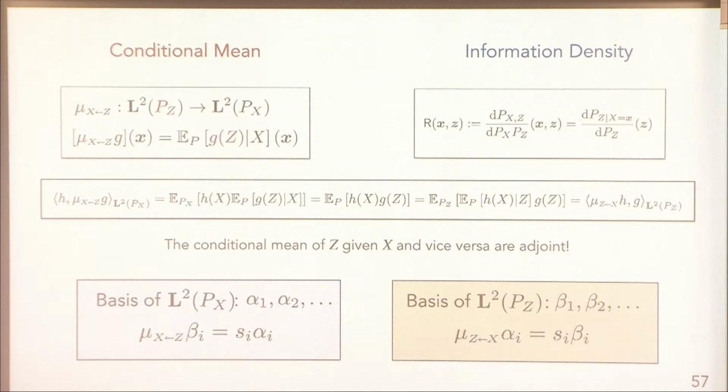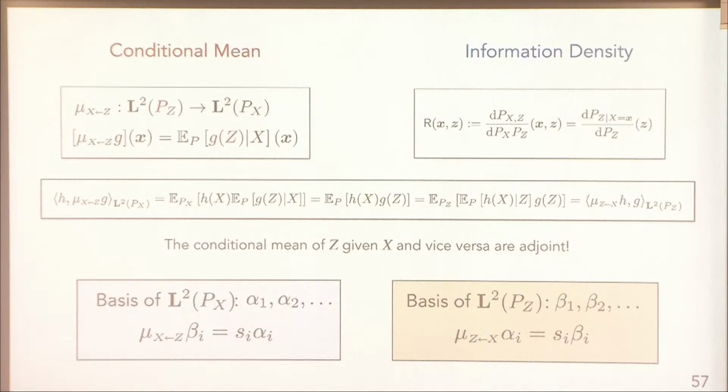So consider a nonlinear covariance between X and Z, right? So you take some function h on the X domain and some function g on the Z domain, and then you're computing the expectation of those two nonlinear functions of X and Z, right? So this is a way to measure any covariance between any function, any encoder, say, of the data, right?